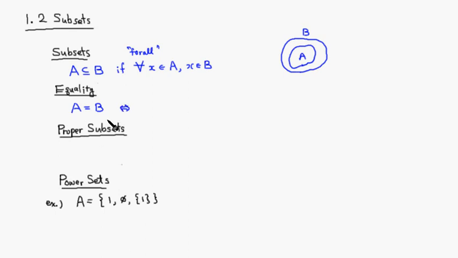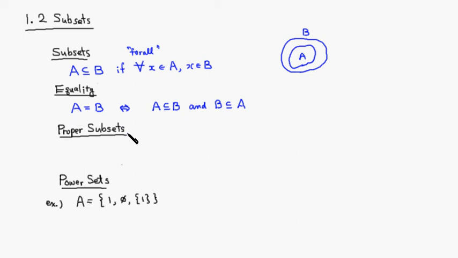A equals B if and only if A is a subset of B, at the same time, B is a subset of A. So when you have a mutual containment, the only way this can happen is that both A and B are exactly the same set.